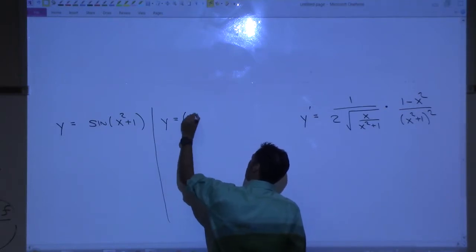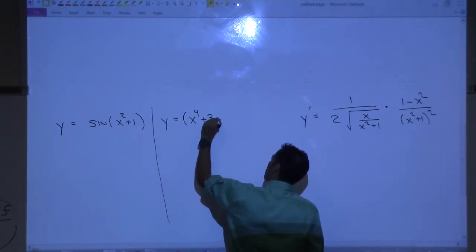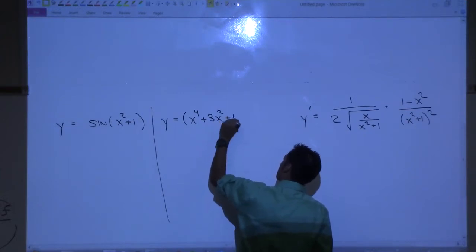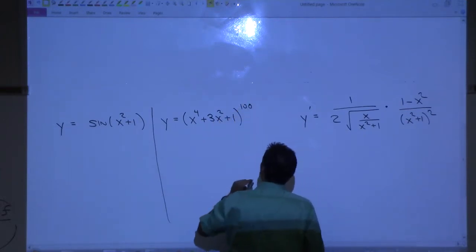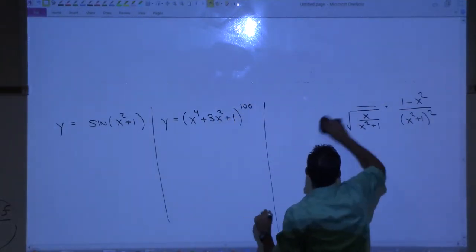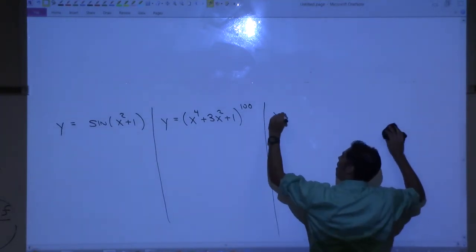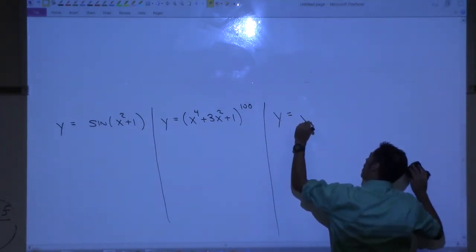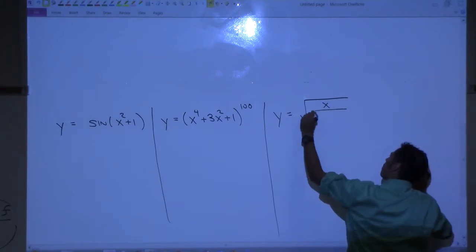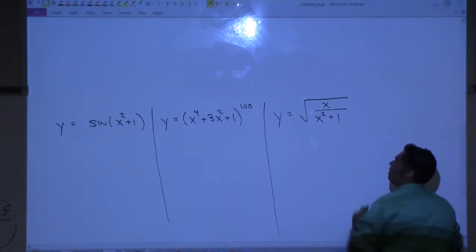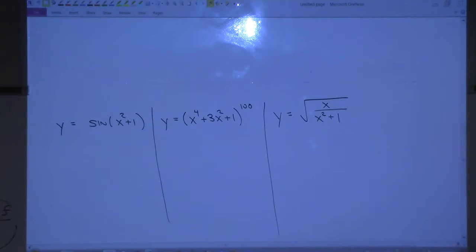Oh, was that the x to the 4th plus 3x squared plus 1 to the 100th? And then the one we just did was y is equal to the square root of x over x squared plus 1. Okay, those are the three problems we just did, right?